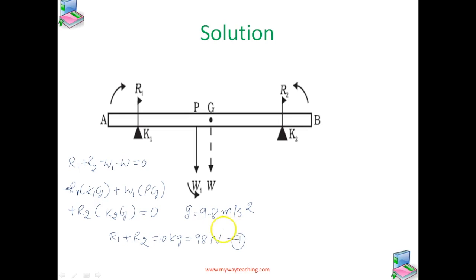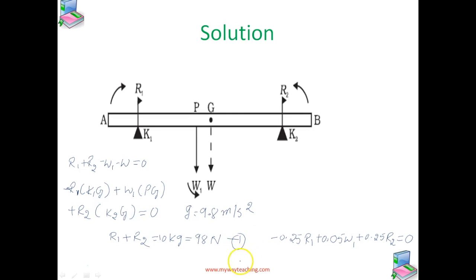And similarly, if you substitute in the rotational equilibrium equation, we'll get minus R1 into 0.25, since K1G is 25 centimeter, which in meter becomes 0.25. Similarly, plus 0.05 W1 plus 0.25 R2 is equal to 0.